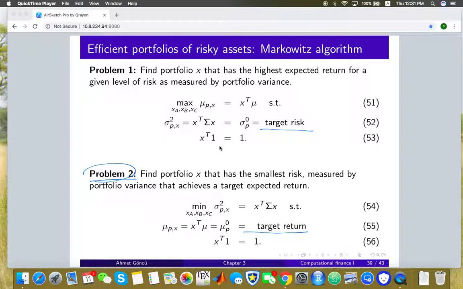And problem 2, which is the more traditional and conventional setup, is to minimize the portfolio variance for a given target return level. And also, as usual, we have our total investment weights equal to 1 as a constraint.